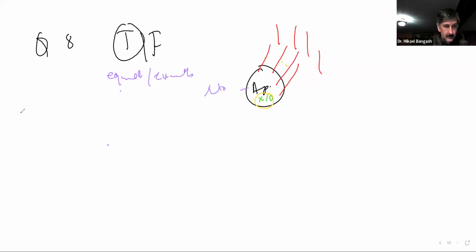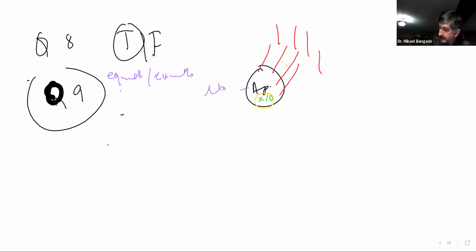Question number 9. Again, true or false? Compensation processes all reflected signals in a similar manner. Just asking the same thing as we did for amplification here, but for compensation, that was wrong.